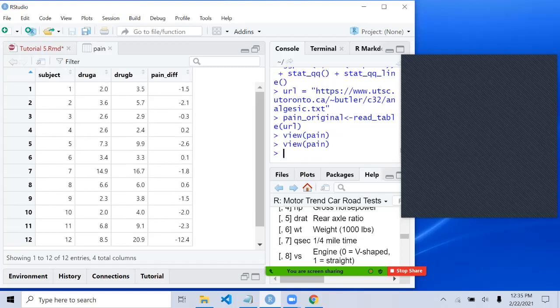We cannot assume independence by looking at this. So we cannot assume independence of the measurements between drug A and drug B. Does anyone know why we cannot from the first glance?